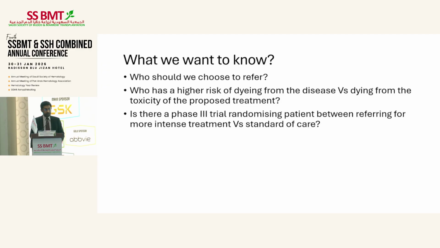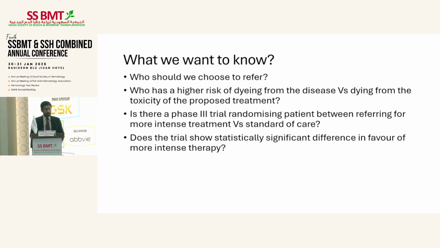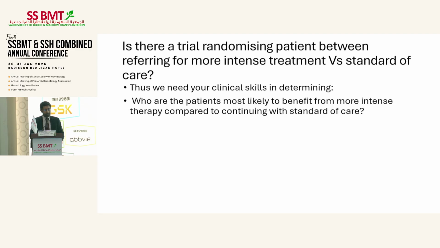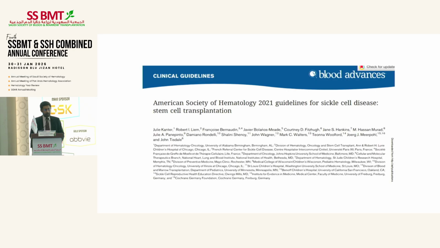There isn't any phase 3 trial that randomizes the two types of patients, more intensive versus standard of care, and that's why we have to depend on our clinical judgment. Thus, we need our clinical skills in determining the patient most likely to benefit from more intense therapy.